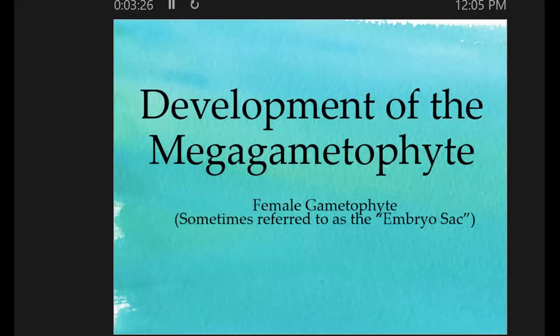Okay, so embryo sac is the same thing as a megagametophyte. Same thing. It's just for some reason they switch. Up until this point, we've been talking about gametophytes and megagametophytes, and now they have to switch out on us. So your textbook probably prefers embryo sac as well. I tend to prefer megagametophyte because we've been doing that up to this point. We might as well stay consistent.